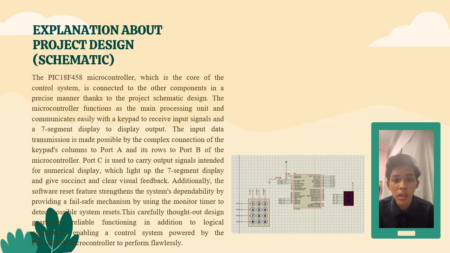The input data transmission is made possible by the connection of the keypad's columns to port A and its rows to port B of the microcontroller. Port C is used to carry output signals intended for numerical display, which light up the 7-segment display and give succinct and clear visual feedback.